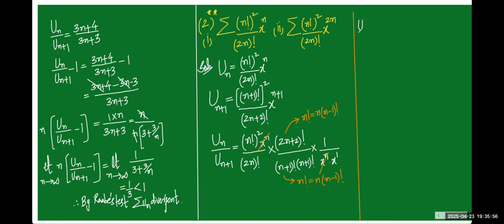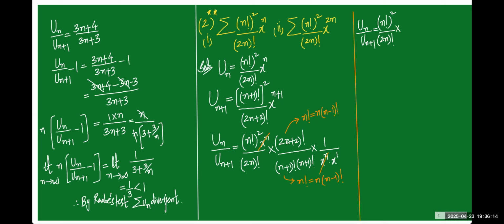Now un by un plus 1 is equal to n factorial whole square by 2n factorial into x power n is already cancelled.